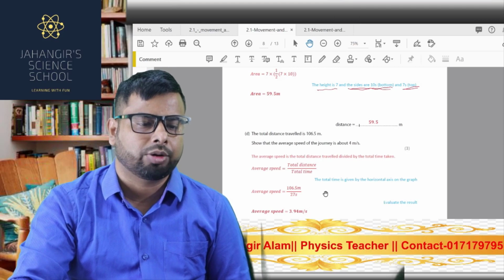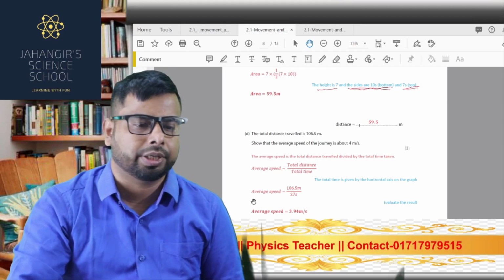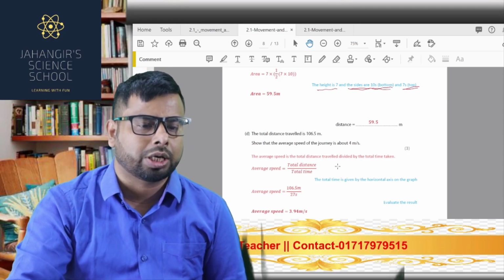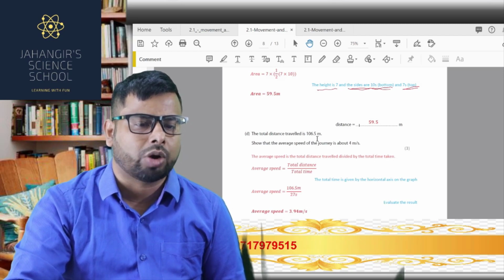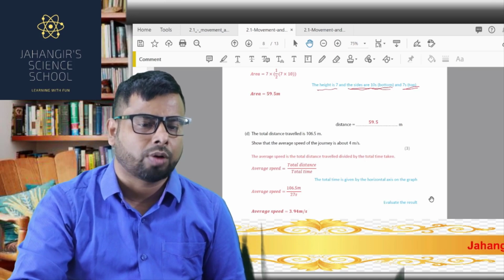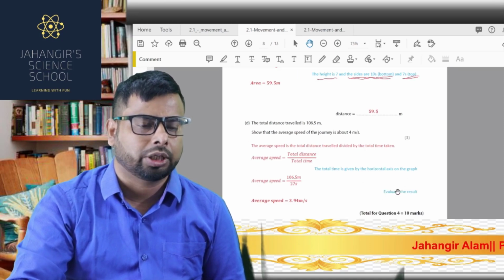So average speed equals 3.94 meters per second. We know average speed equals total distance divided by total time. Total distance is 106.5 and total time is 27 seconds on the horizontal axis of the graph.